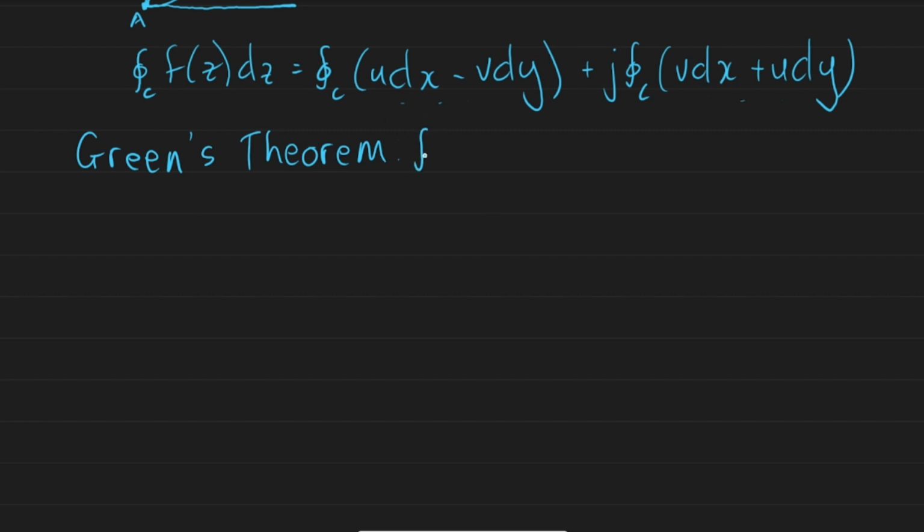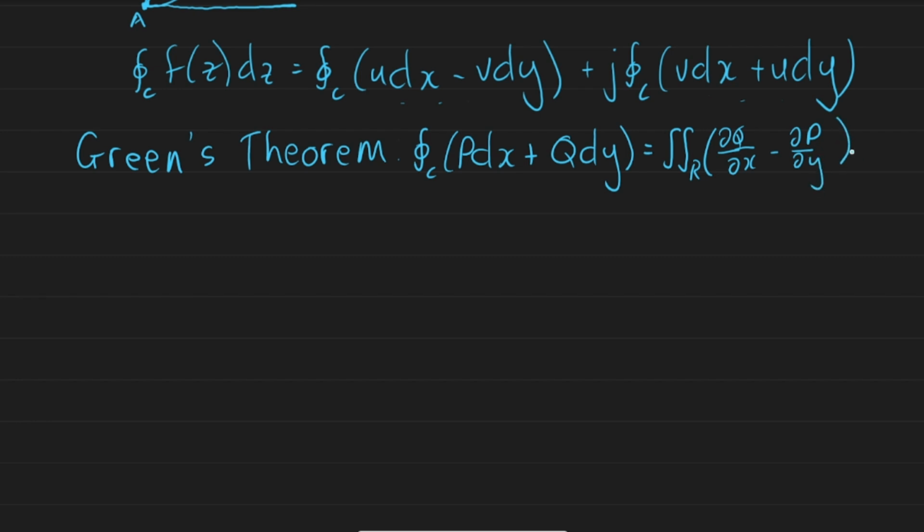Green's theorem says that if we have the integral around a closed path C of p dx plus q dy, it's also equal to a double integral over the region inside this closed path of dq/dx minus dp/dy. And since it's a double integral, we'll have dx dy.